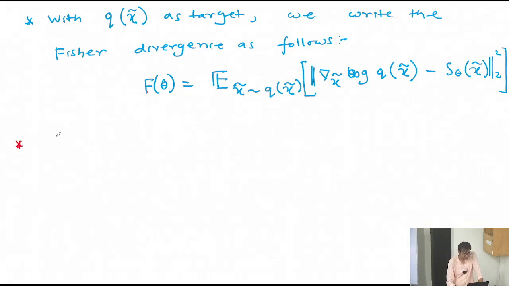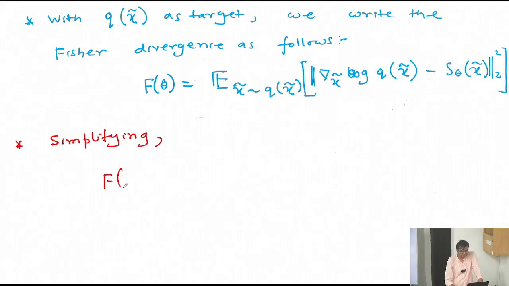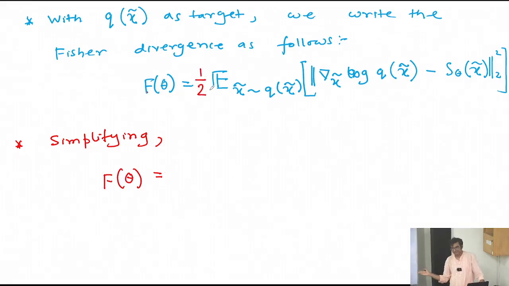Simplifying or opening the bracket, we'll do the exact same step that we did last time. When it was a square, what did you do? A minus b square, we wrote a square plus b square minus 2ab, right? Same thing we'll do. Okay, there is one mistake here. Half is missing. This half is not important, so I keep on forgetting it. But the original formula has it, so I should write it.